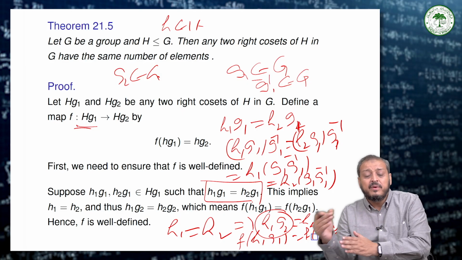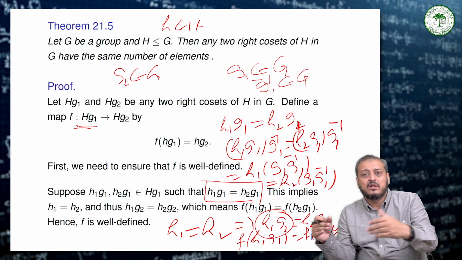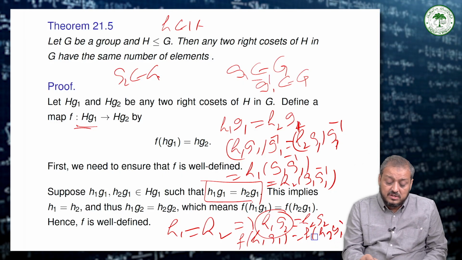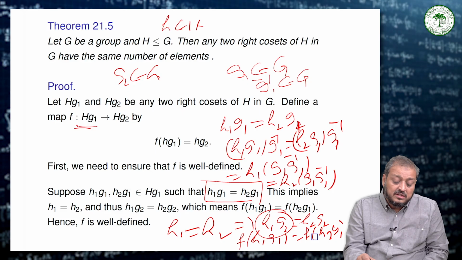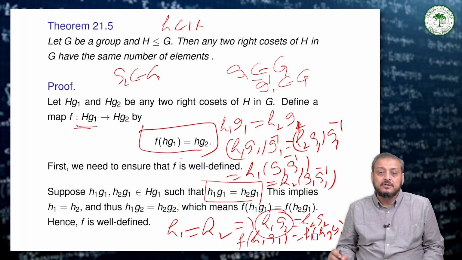If the elements are the same, then the images also have the same element. In this way, we can say that the map we defined is well defined.